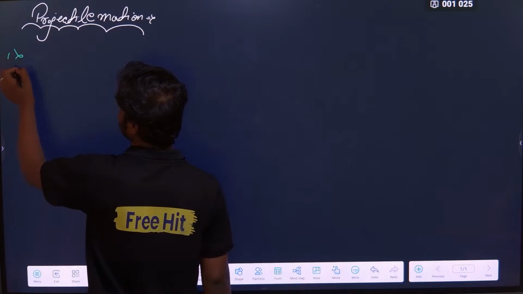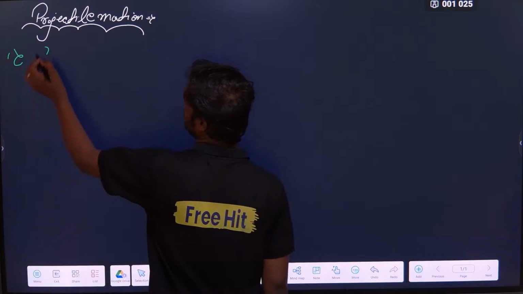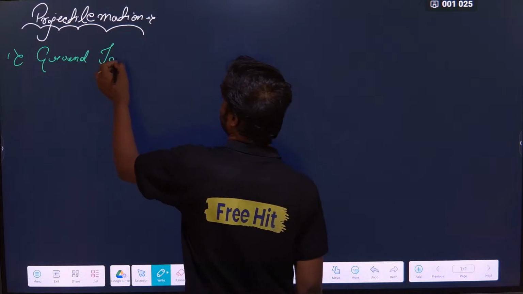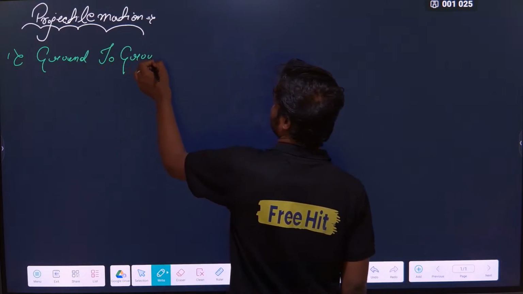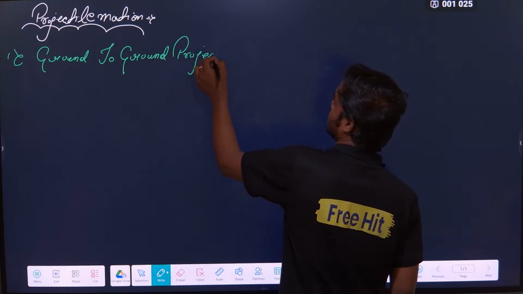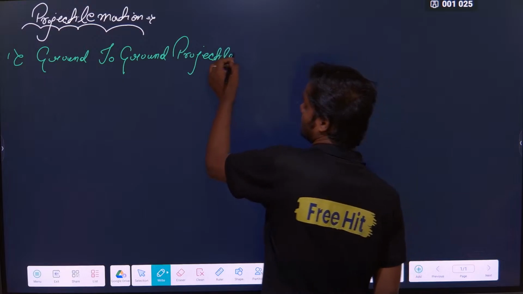So first is ground to ground projectile.